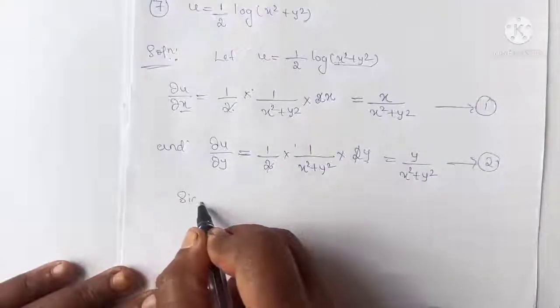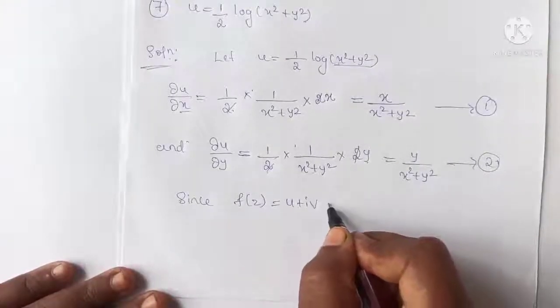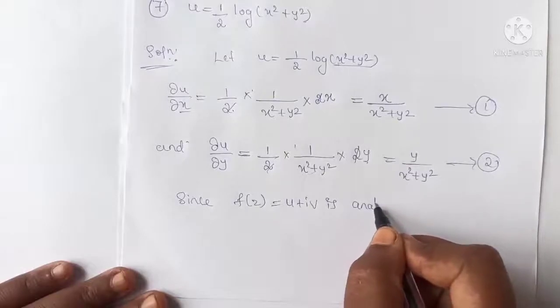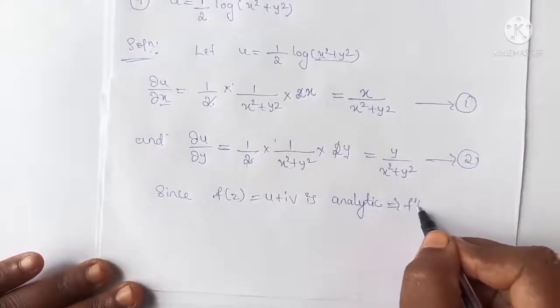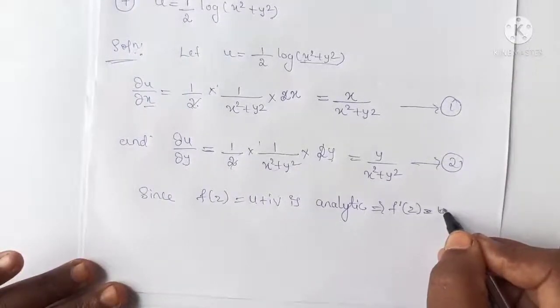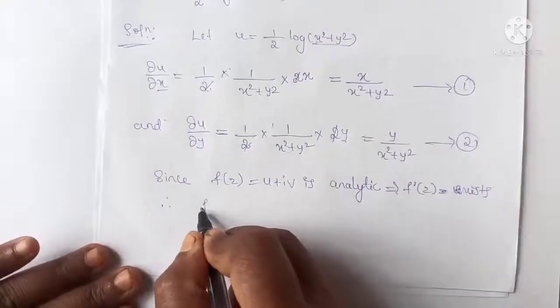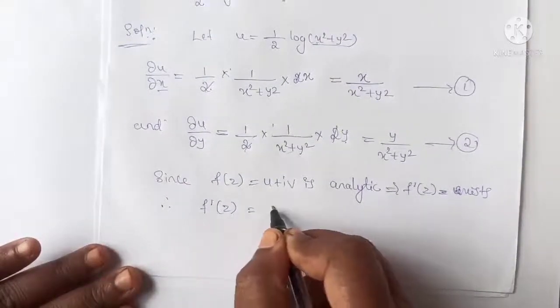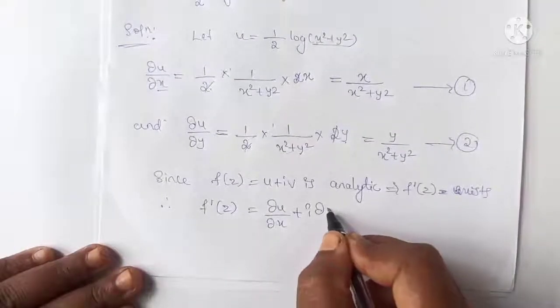Since f of z equals u plus iv is analytic, it implies that f dash of z exists. Therefore f dash of z equals dou u by dou x plus i dou v by dou y.